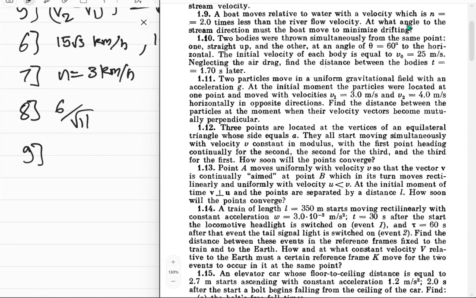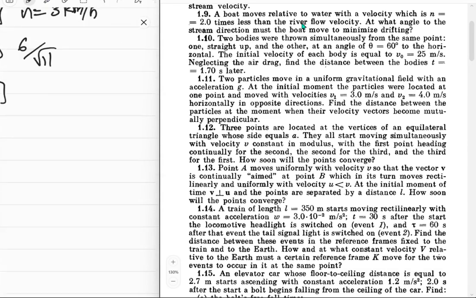At what angle to the stream direction must the boat move to minimize drifting? So yeah, you can just get rid of the drift, right? Because it's 2 times. Wait, what? It's 2 times less than the river. Oh, so this is very different now.